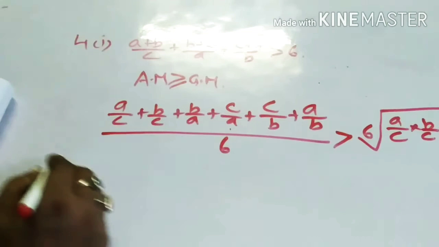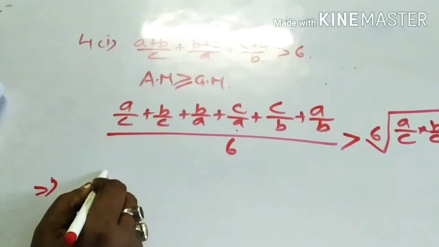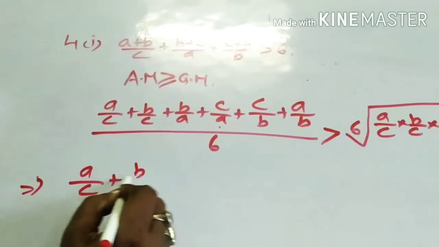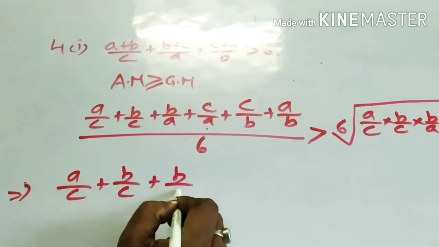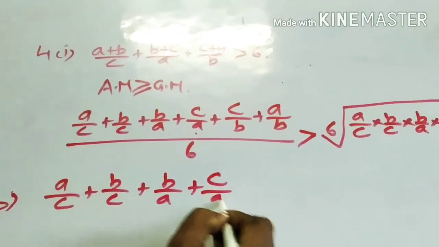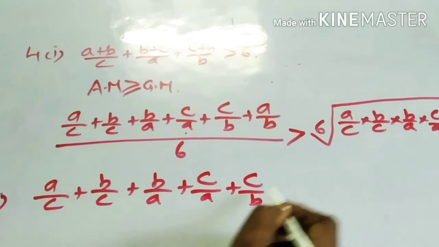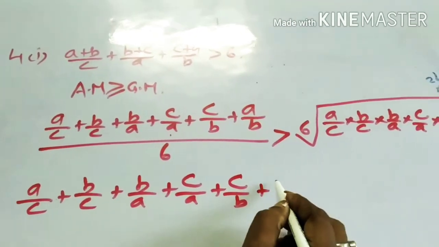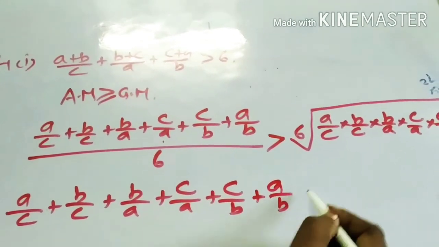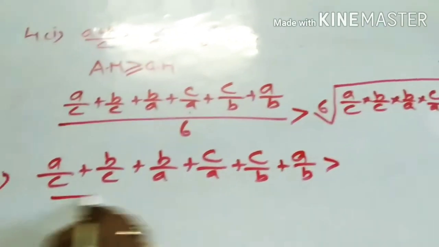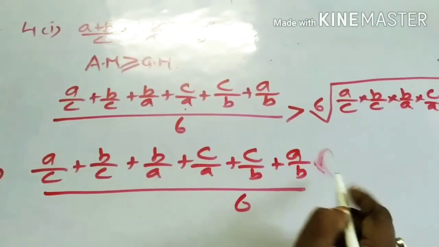So this will become A by C plus B by C plus B by A plus C by A plus C by B plus A by B, divided by 6, greater than 1.